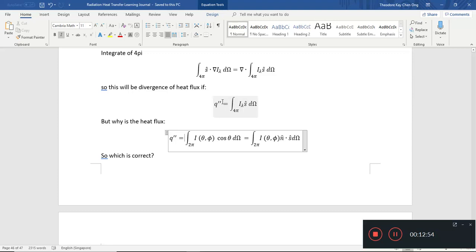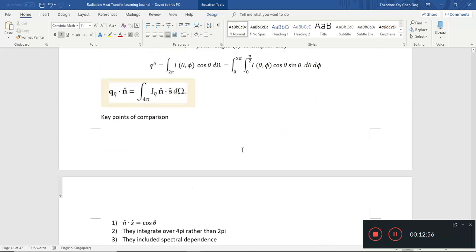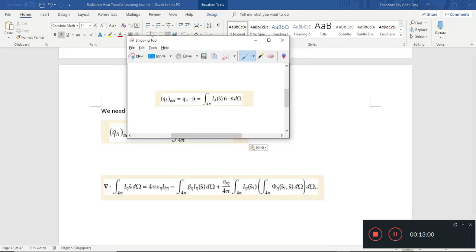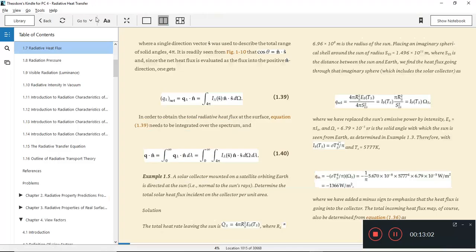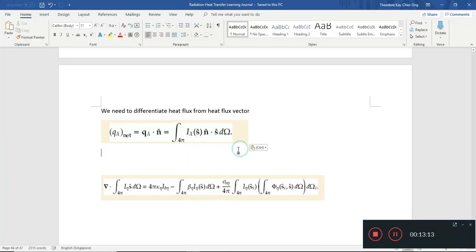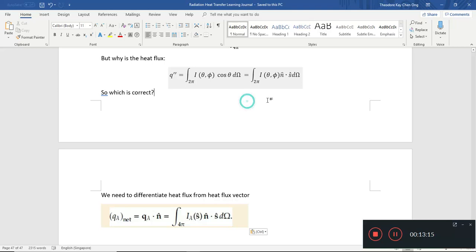So what we have here, instead, we were to go back to our Kindle. See, Q lambda, or here Q dot n hat equals to this little bit here. Okay.